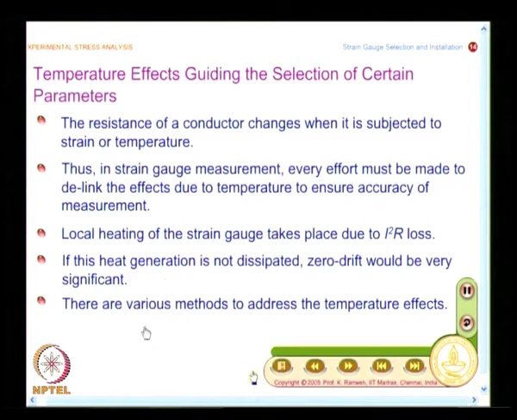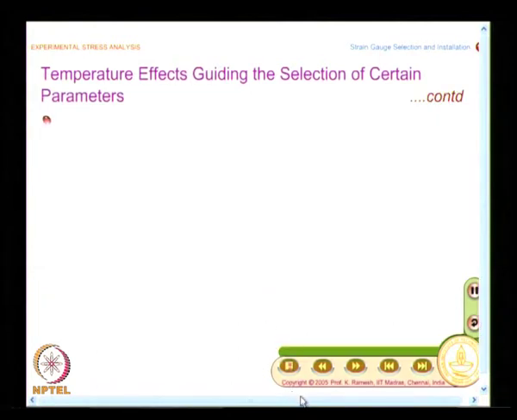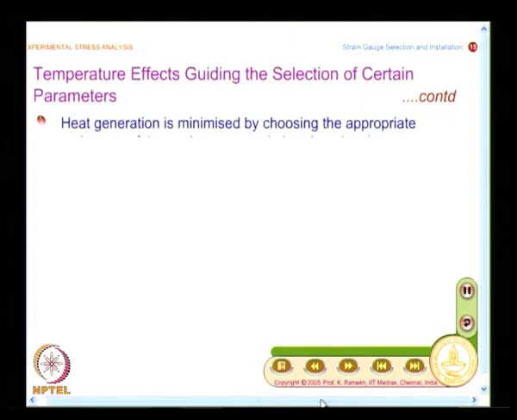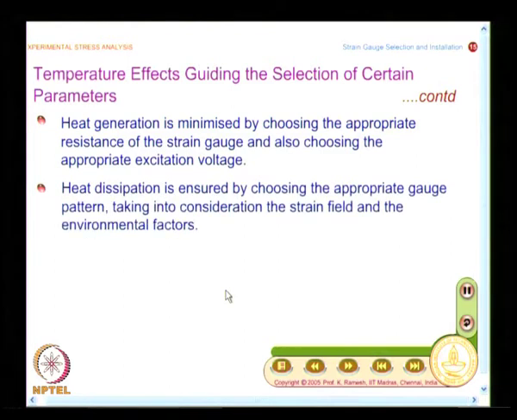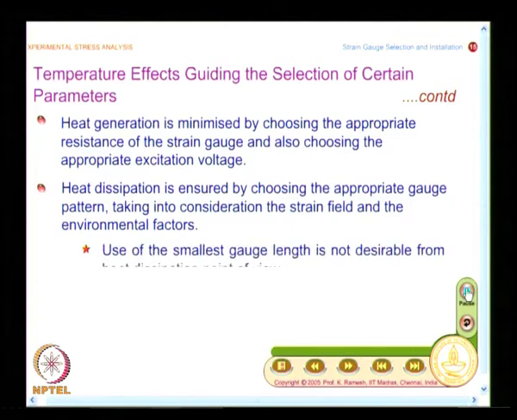We have looked at the various methods to address the temperature effects, and that also guides how to go about selecting a suitable strain gauge. So, the idea is that you need to have heat generation minimized.